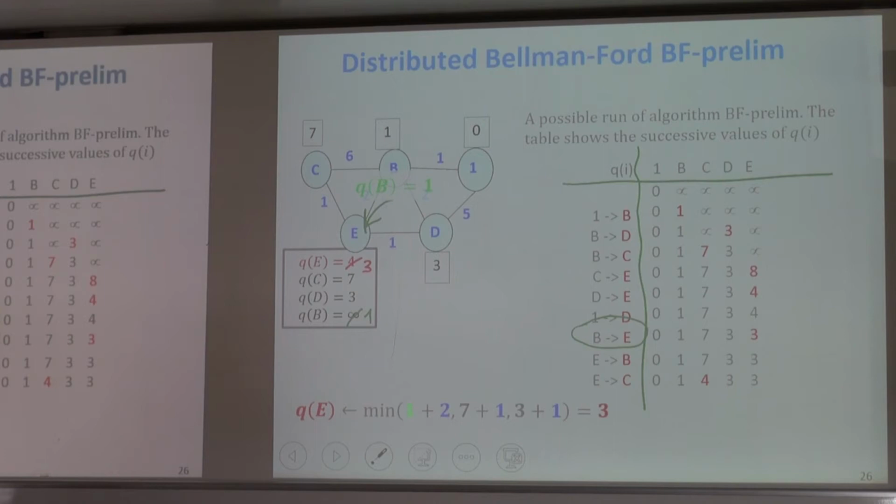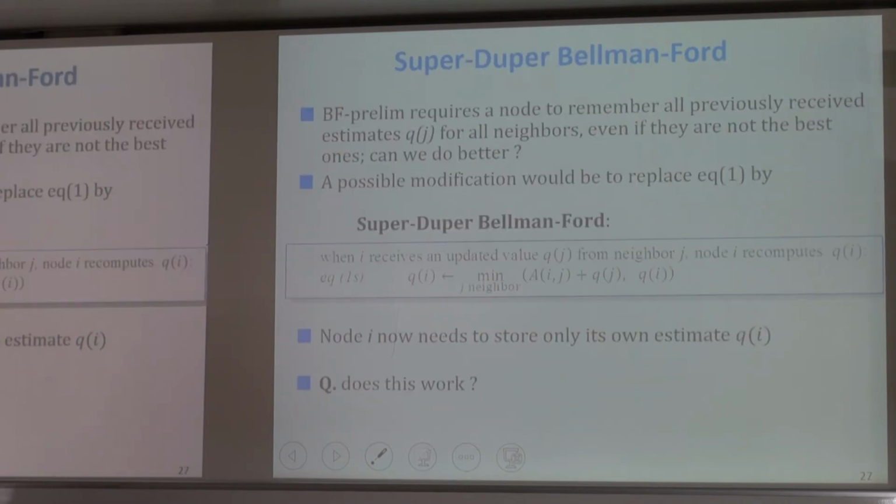But E will also send the information to C, and this will help node C, which thought it was at the distance of 7, to discover that now it has a better path, which is at the distance of 4, and at this point, the algorithm has converged. So this is distributed Bellman-Ford, I would say, as a straightforward application to making it distributed and asynchronous.